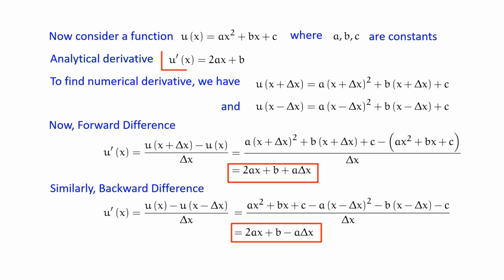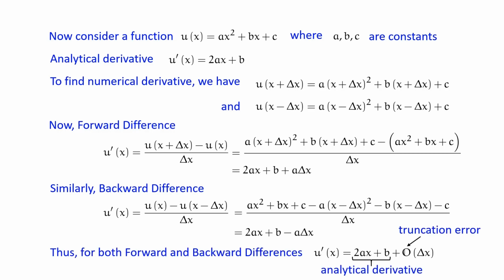None of them are the same as the analytical derivative. Both of them have truncation error of the order of delta x. So both the schemes are first order accurate. That is what we are expecting. The analytical derivative is twice ax plus b, and with that we have a truncation error of the order of delta x.